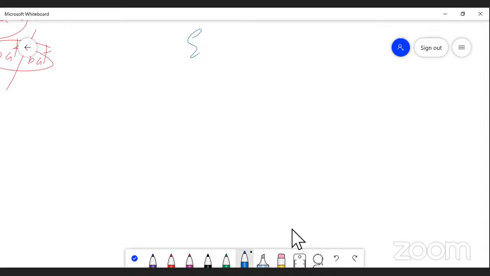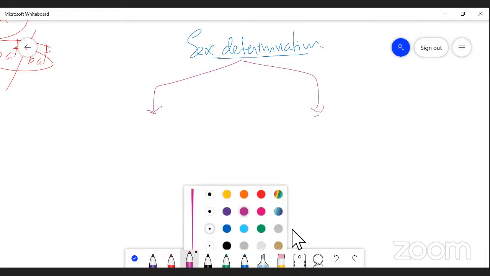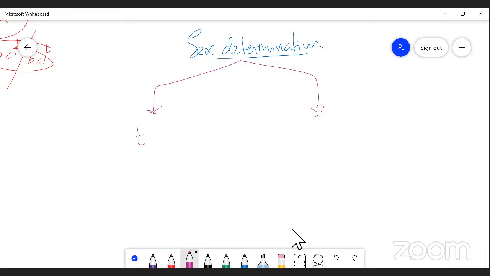Here, sex determination in plants is determined by the presence of two different alleles. Simply, TS and TS are allelic forms of a gene that determines maleness, the male flower.